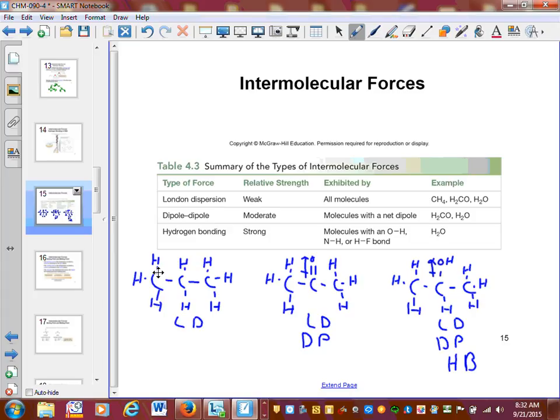Oh, let's add one more here. H2O, London dispersion forces. Yeah, it's covalent. Dipole? Yes. Remember, water is bent. So we have actually two dipoles.